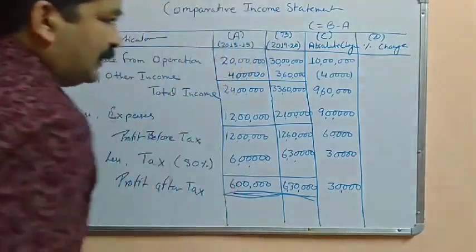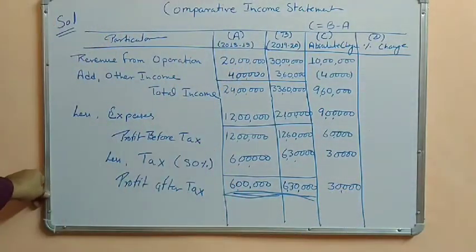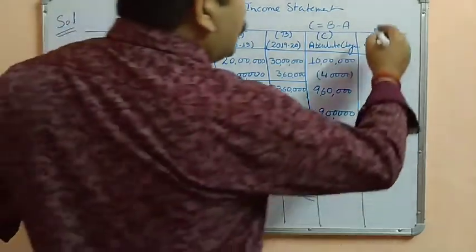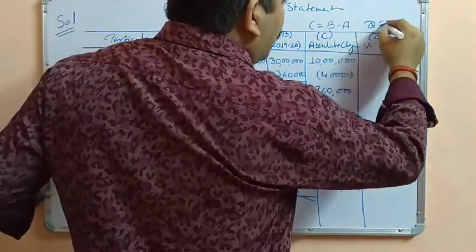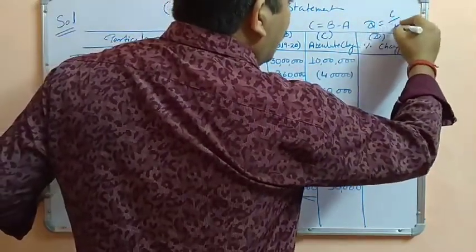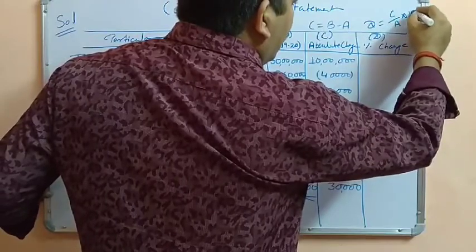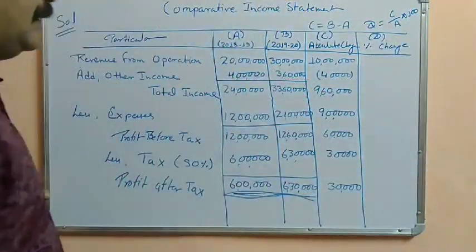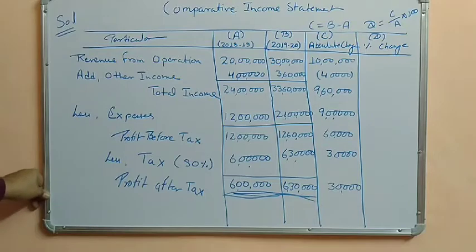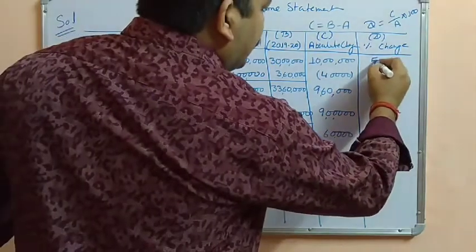Let us count the percentage. Okay, what is the formula I told you? D is equal to C by A multiplied by 100. Okay, so count it. For the first we will get 50%.